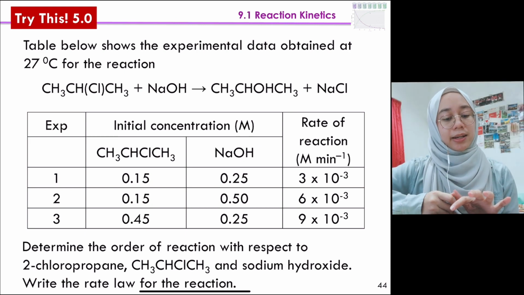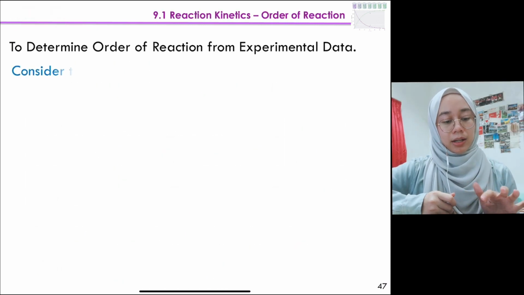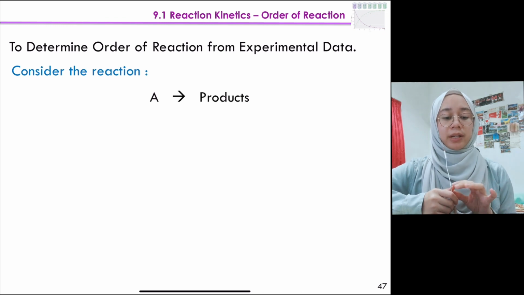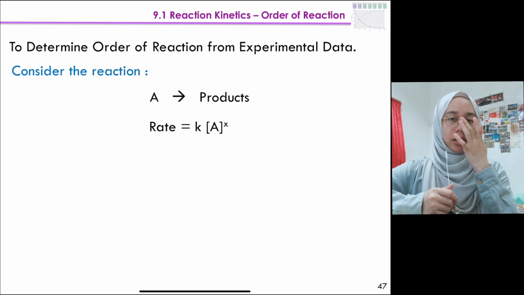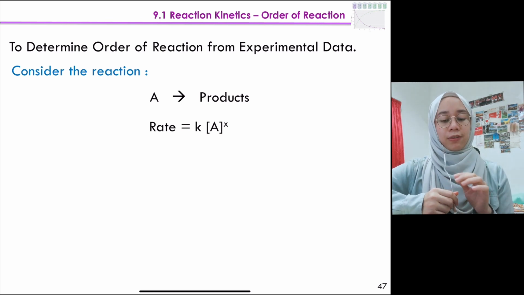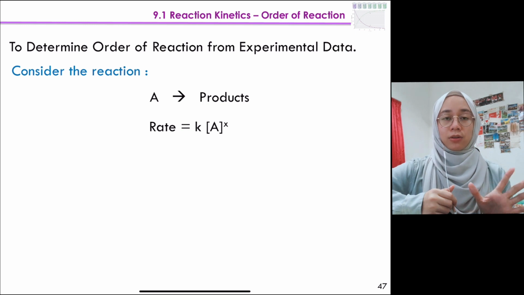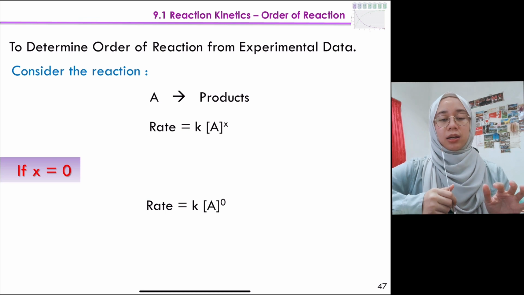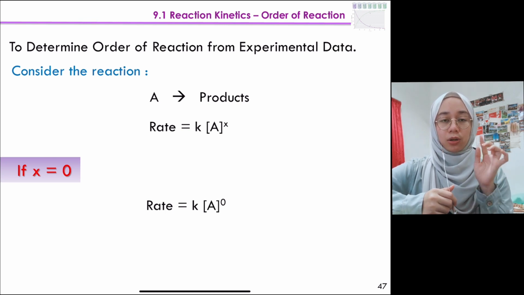Okay, so next kita akan tengok how do we determine the order of reaction from experimental data. Okay, so basically if you are given that A menghasilkan products, therefore dia punya rate law would be rate equals to k times concentration of A to the power of x. Okay, so let's say if x is equals to 0, meaning the rate is equals to k times with A punya concentration to the power of 0.